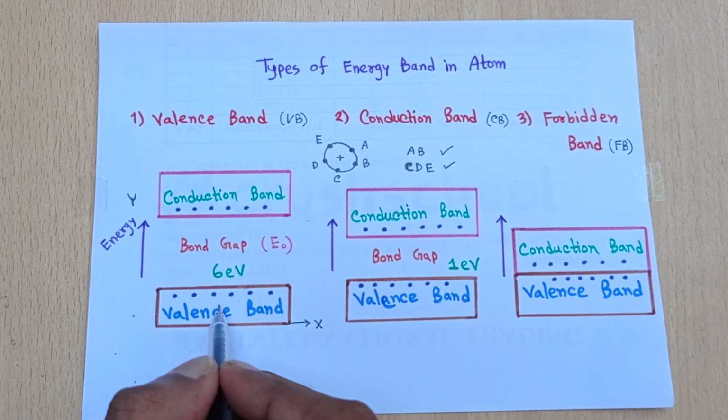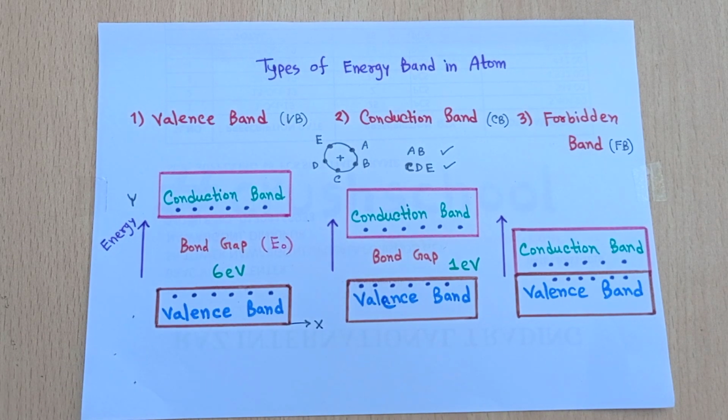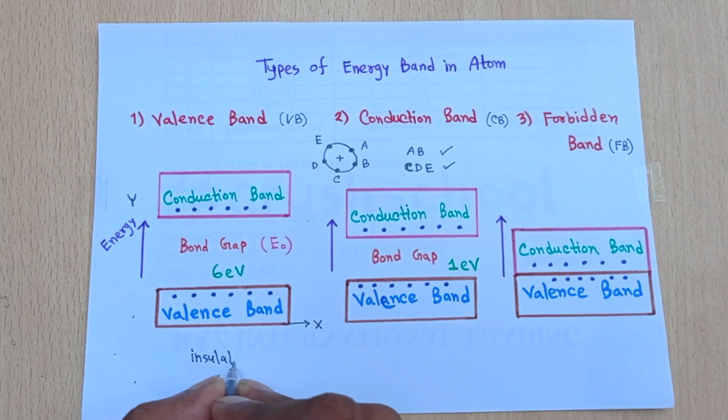In that case we can say that this condition is only applicable for an insulator, because we know that in an insulator no electron can flow through it. So this condition is called our insulator.